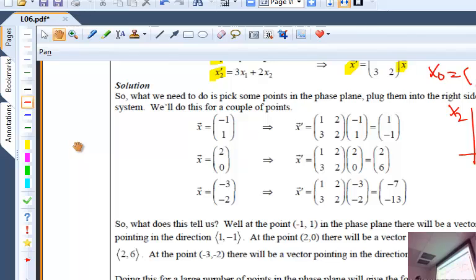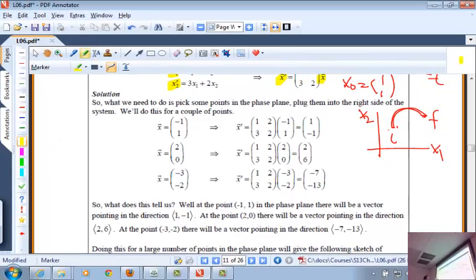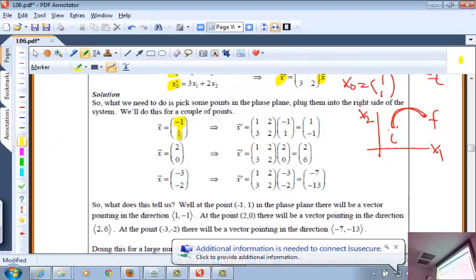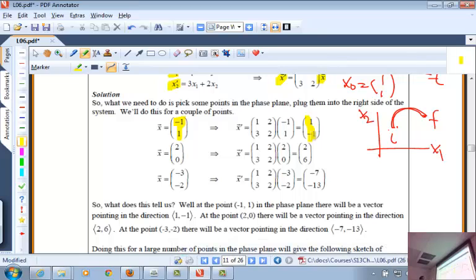The first thing he's going to illustrate is how can one construct the phase plane portrait. So what you do is, in such a plot, x1 against x2, pick a range of points, for example, -1, 1, and plug that in and calculate what x prime is, the derivative at that point. Okay, follow this one carefully. I have x1, x2, and I pick a point.